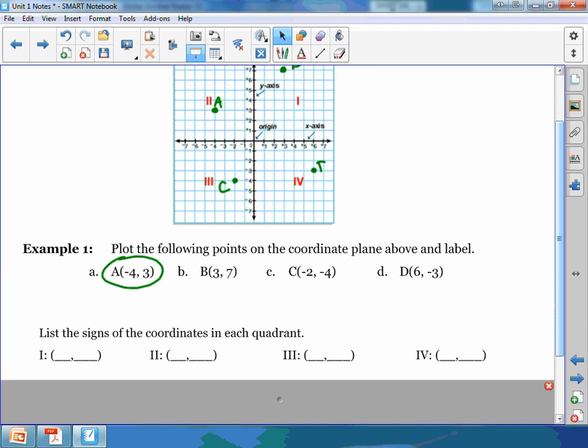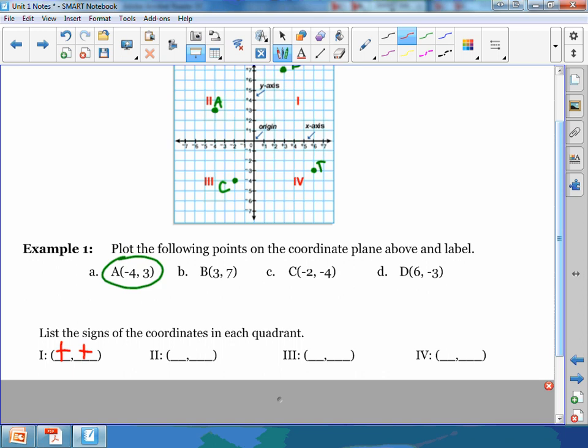So if I wanted to land in quadrant number 1, what must be true about the two coordinates for that point to be located in quadrant number 1, which again is up here in the right? Ashley, they would have to both be positive, right? Move to the right and move up. So my two coordinates are positive, positive.